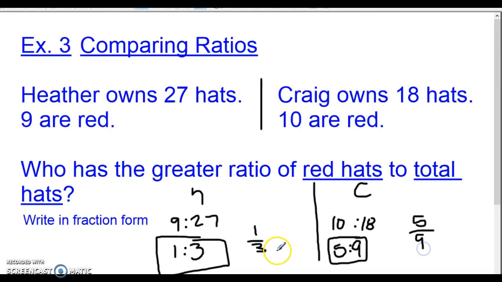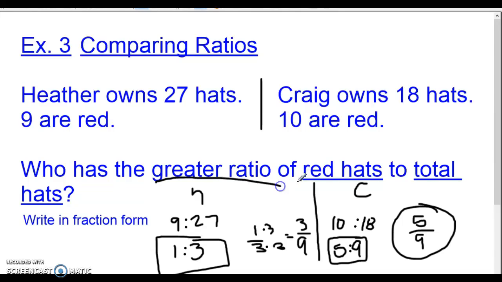So over here, I can multiply this by 3, and then I'd get my numerator as 3 and my denominator as 9. So you can see that Greg has a greater ratio of red hats to total hats. And that's why it said write in fraction form.